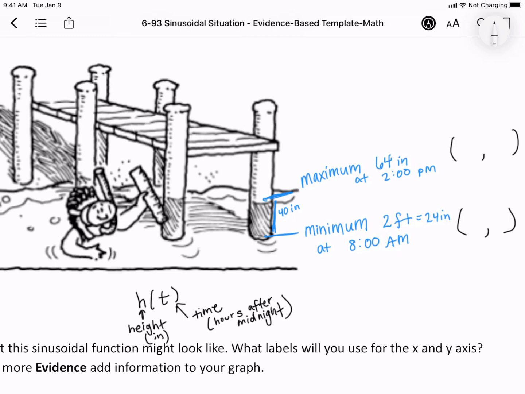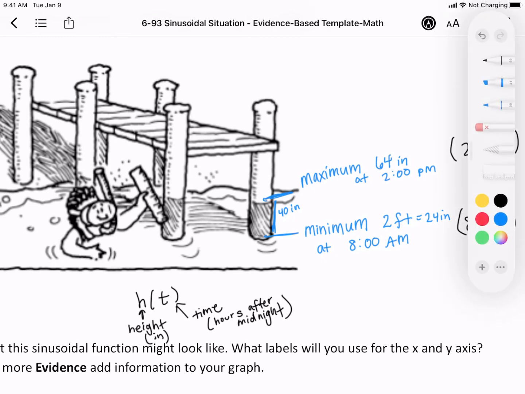The minimum point I think is a little easier. The time is 8 and the height is 24. For the maximum, a lot of people might be tempted to put 2 and 64, but if you think about it, that doesn't make sense because 2 p.m. is after 8 a.m., but just looking at the coordinate point, it looks like 2 comes before 8.